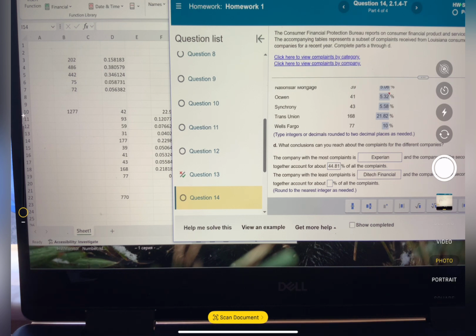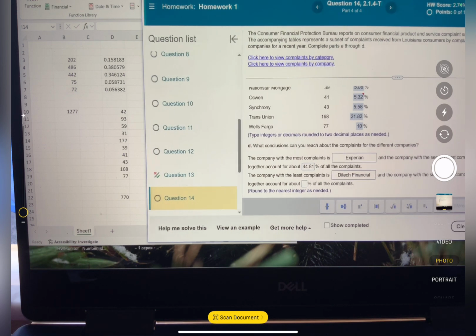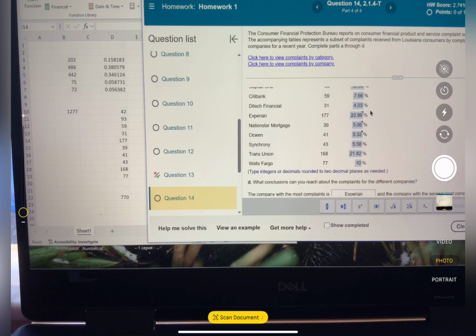Where is it? Oh. And that makes Ditech Financial 403, and that's going to be 9.09.